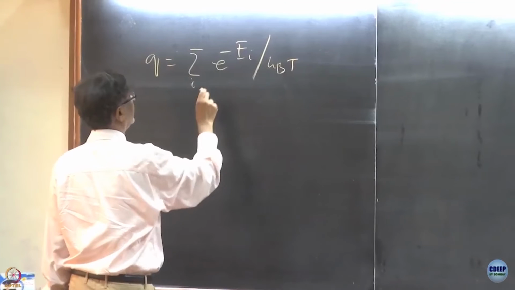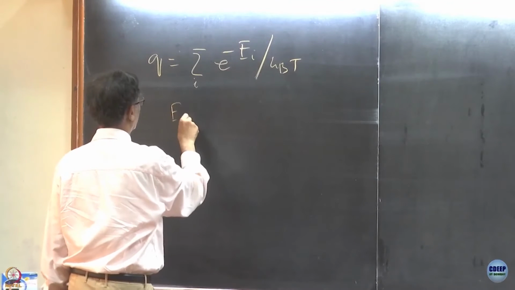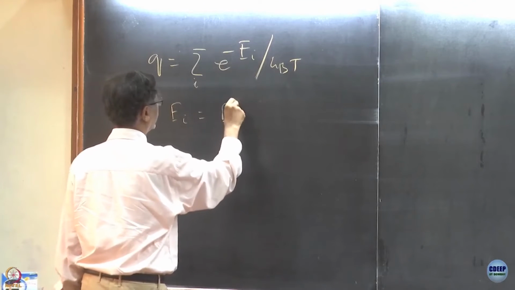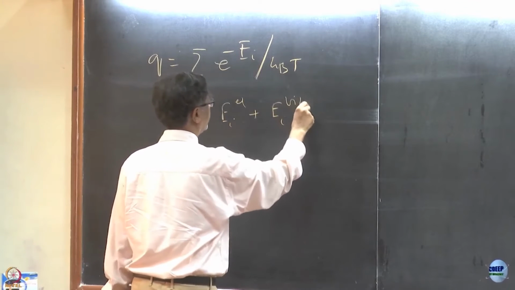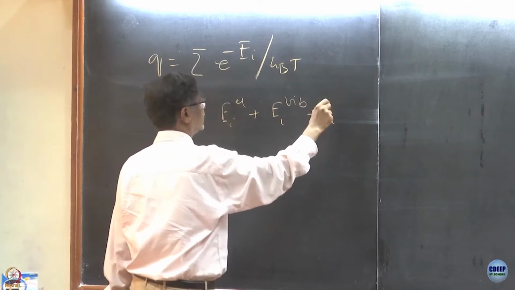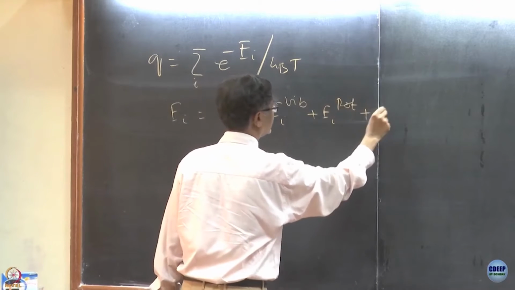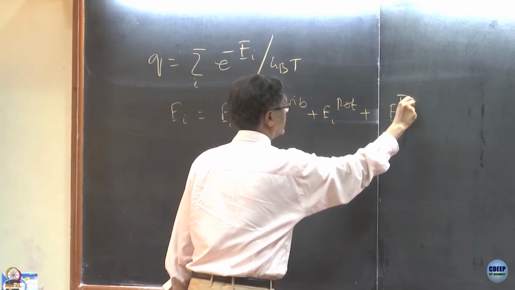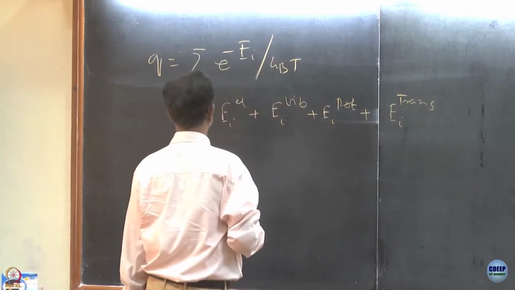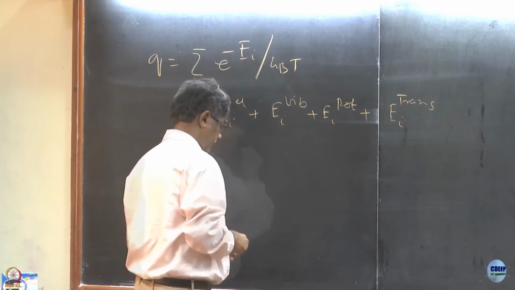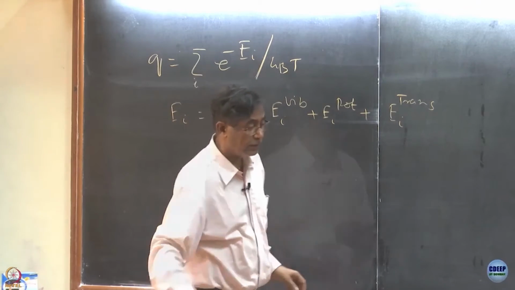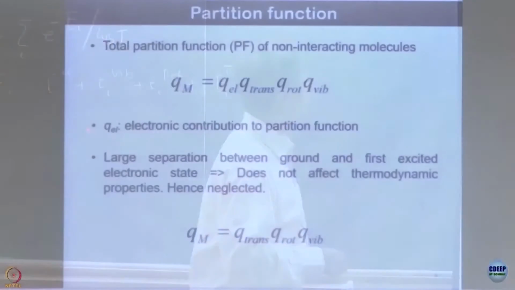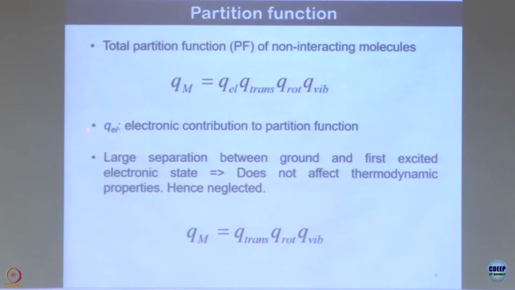Now, ei depends on ei electronic plus ei vibration plus ei rotation plus ei translation. Then you separate them out, because this goes in the exponent, this all becomes a product. So, this is then a non-interacting molecular partition function.